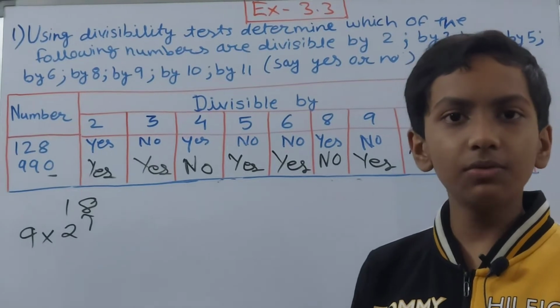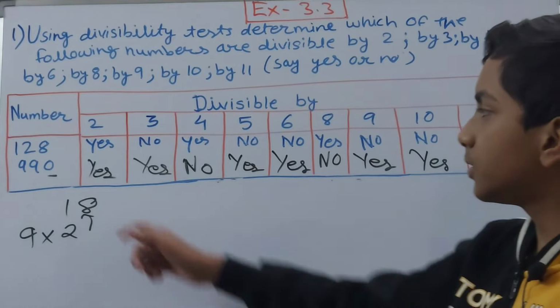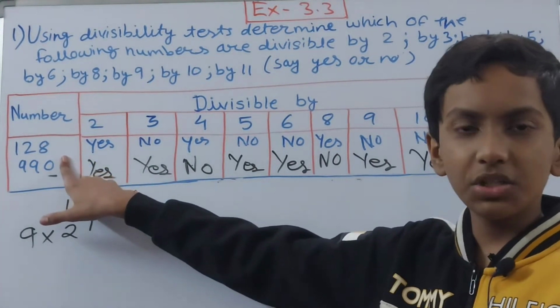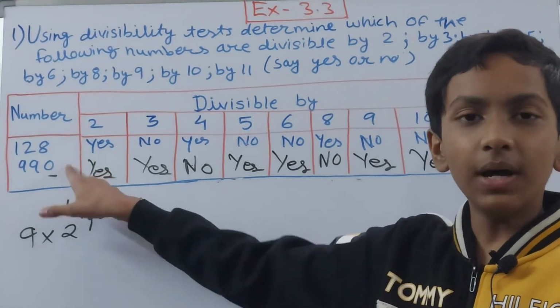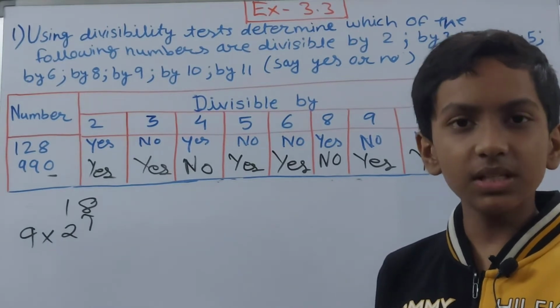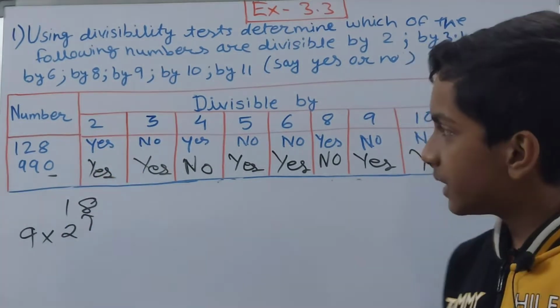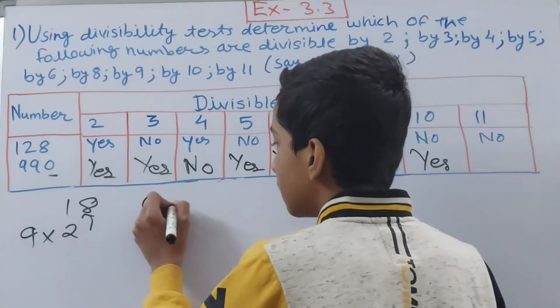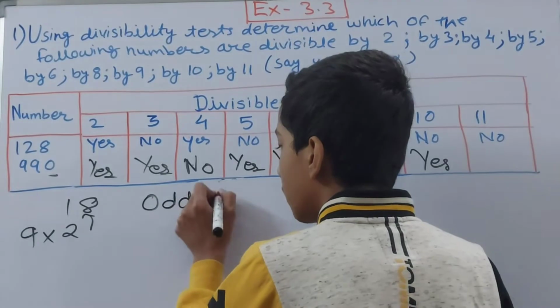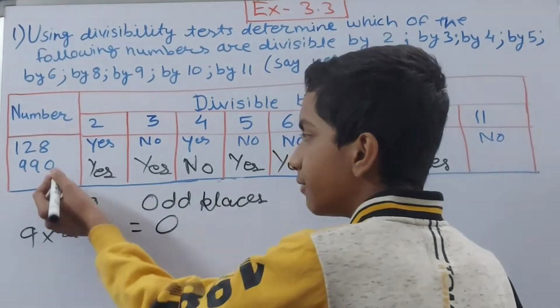Same we have to do here. We have to skip one place. So you see, first we will add the digit at the ones place. Ones place is 1, which is odd, first place is always going to be odd, so we will take 0 here. First we can write here odd places, so we have 0 at ones place.